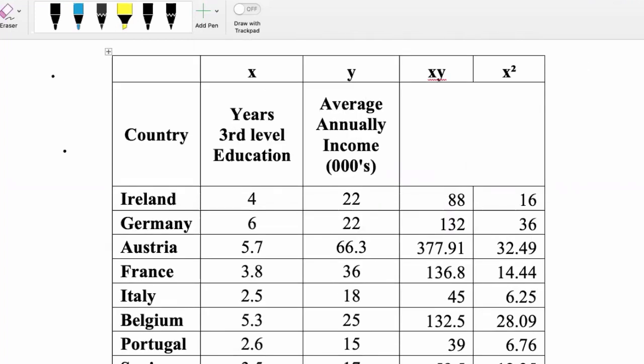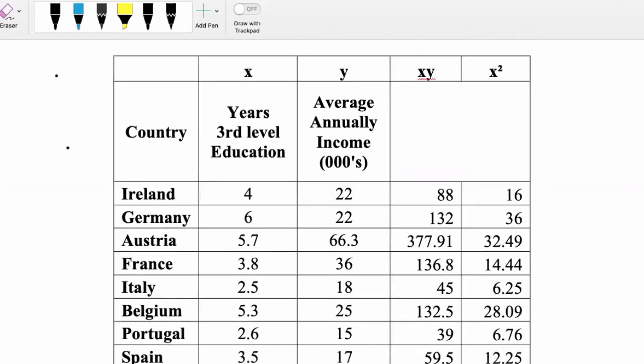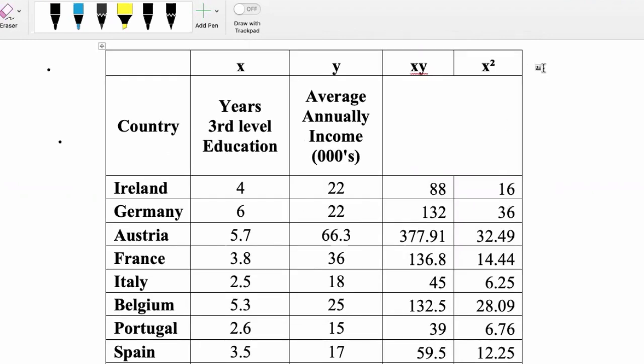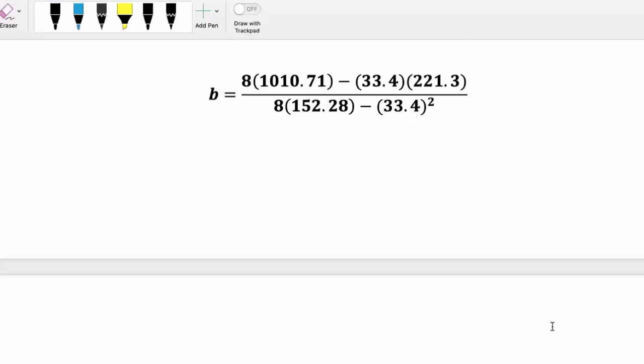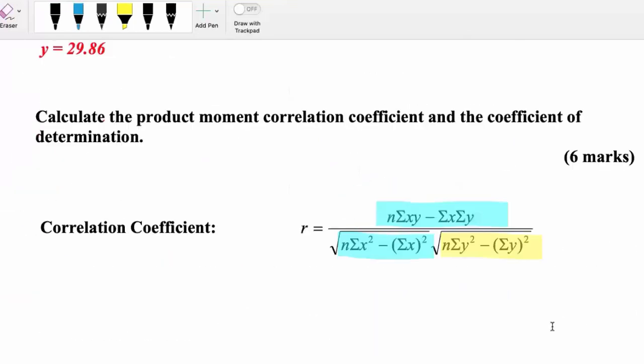And I didn't do it, and if you look back on any other past exam papers, the solutions I always had it in here. I don't know why I left it out. Maybe I just wanted to keep it together for part A, B, etc. So I would have a y squared in here, and I would start squaring each y value and sum that up, and I will put it in my correlation coefficient formula.